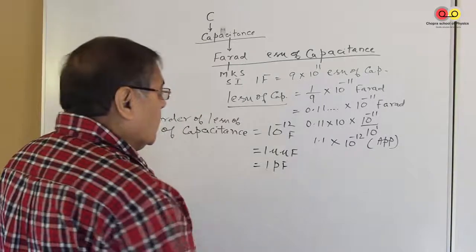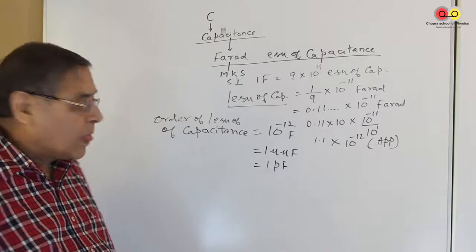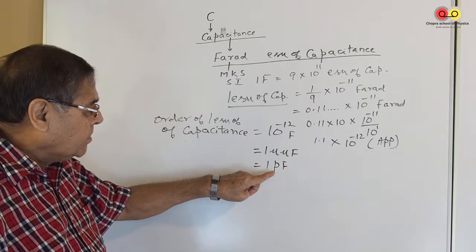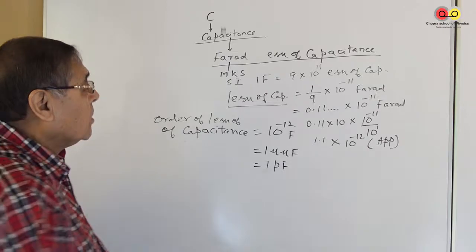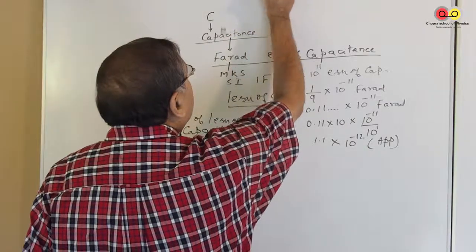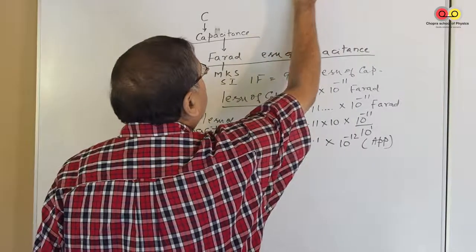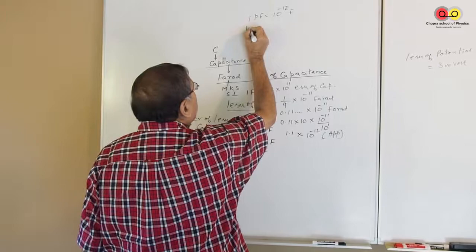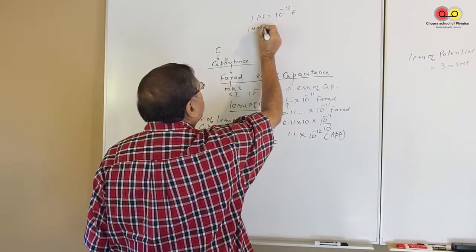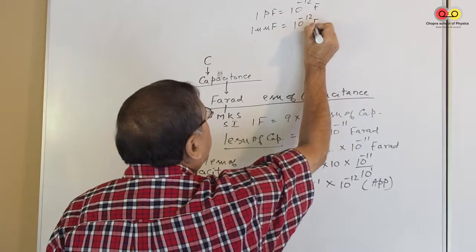So now what exactly is the conclusion of the whole concept? 1 picofarad is 10 to the power minus 12 farad. I can say like this, 1 picofarad is 10 to the power minus 12 farad.